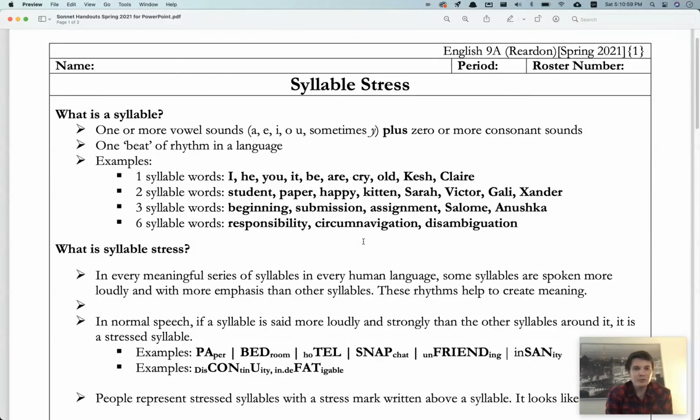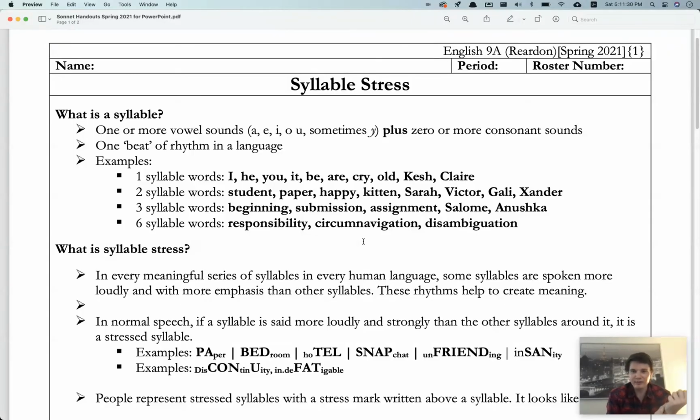All right, some two-syllable words. Student, paper, happy, kitten, Sarah, Victor, golly, Xander, right? Two-syllable words. For the rest of these, you can see clearly: beginning, submission, assignment, Salome, Anushka.